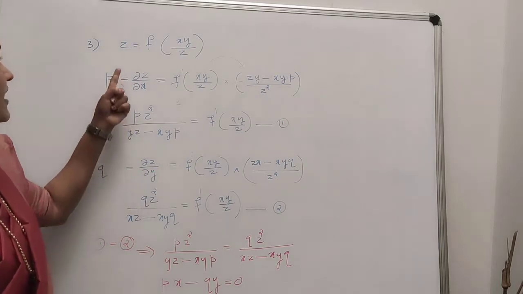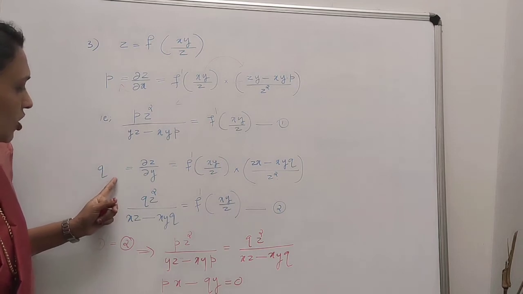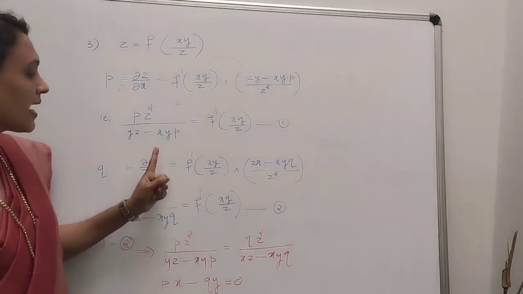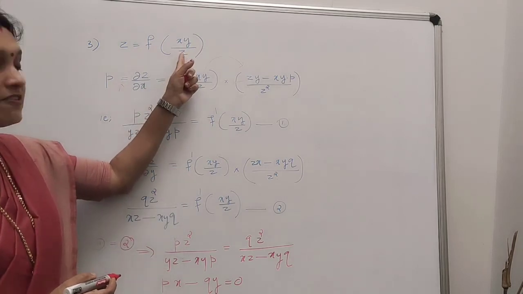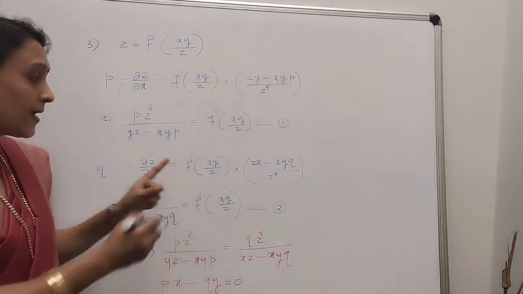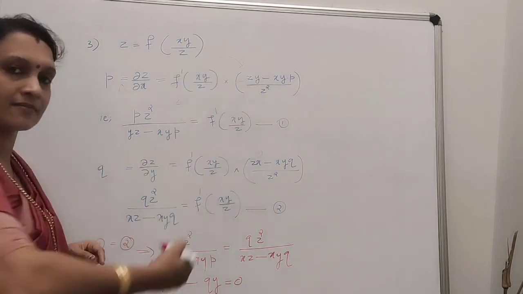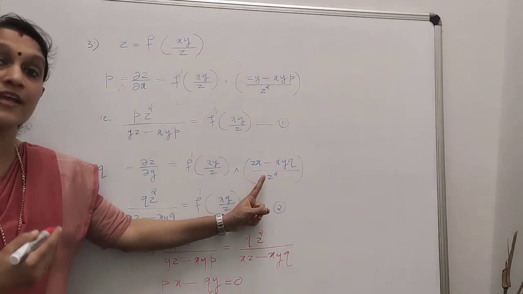And similarly, we are differentiating z with respect to y, that is denoted by q, dou z by dou y, that is equal to, again you consider f of something derivative, f dash of something. So f dash of xy by z, then the derivative of that something, xy by z, with respect to y by quotient rule.